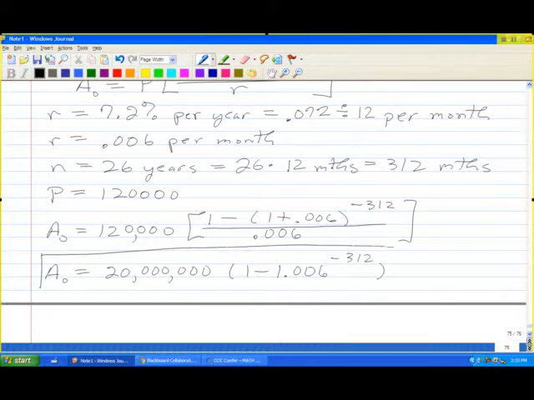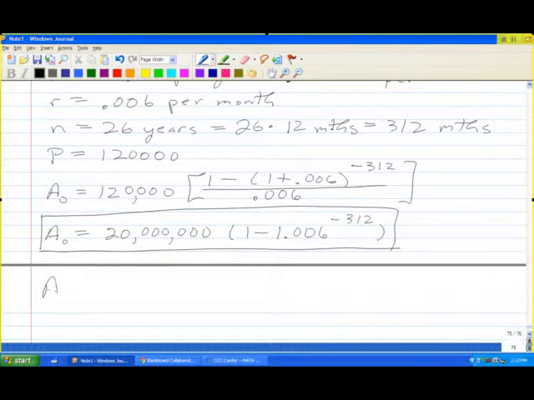That's how much must be initially invested, which is approximately 16,906,429.55.